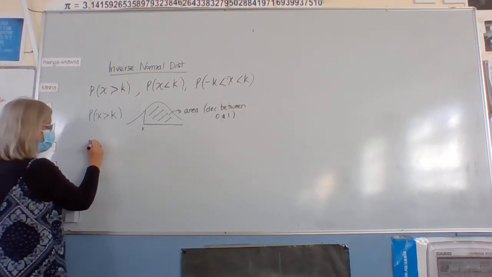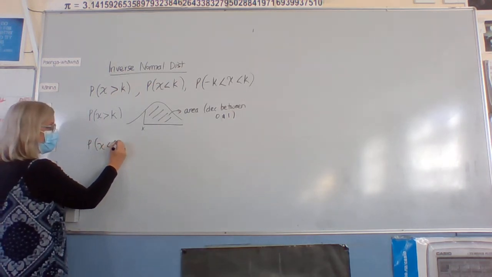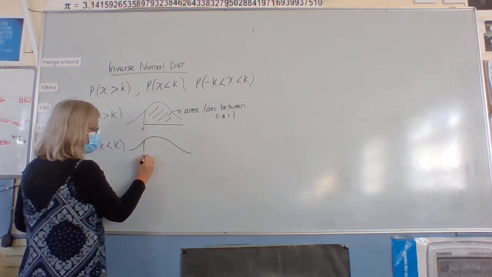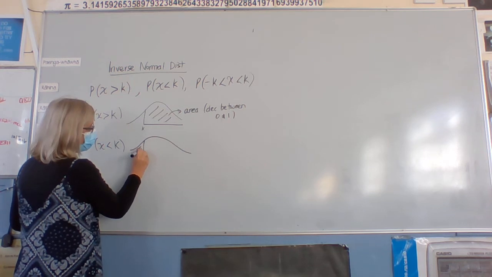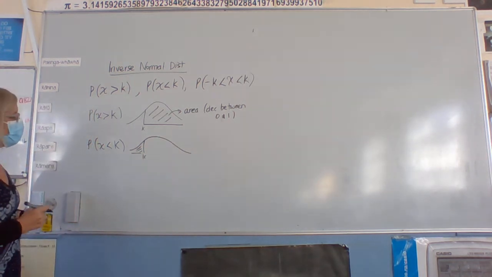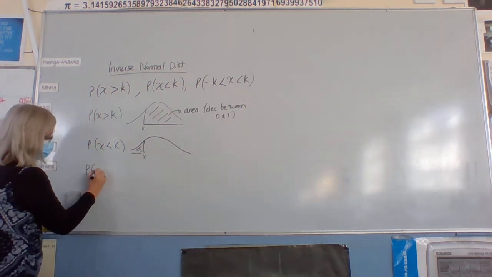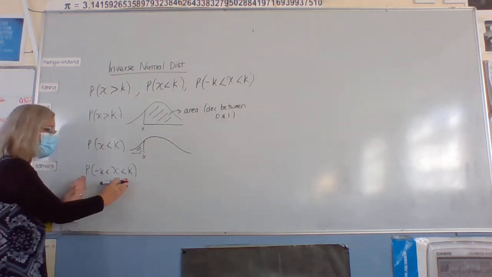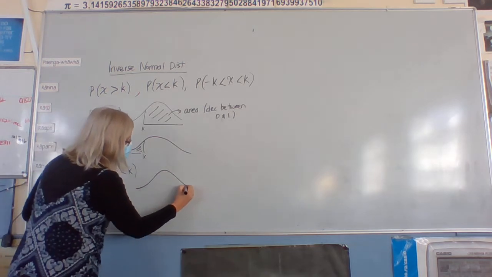If we've got this one, less than k, it could be k still over here, and we've only got this little bit here. Or between negative k and k. Now those have to be evenly spaced, which I didn't say on my other video.